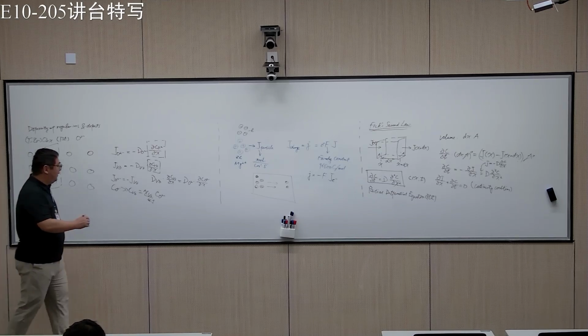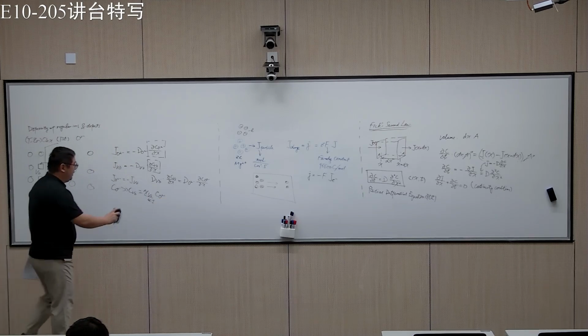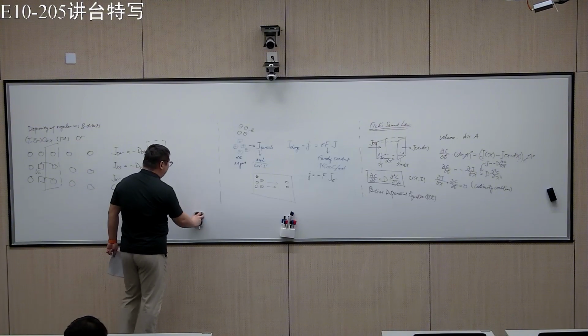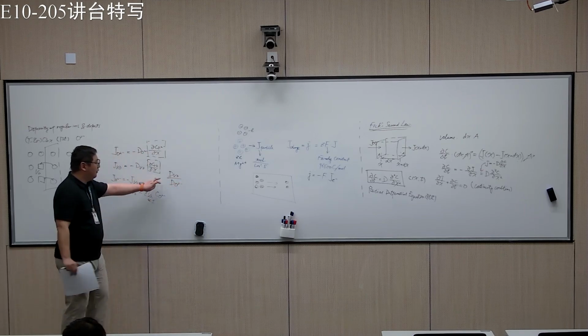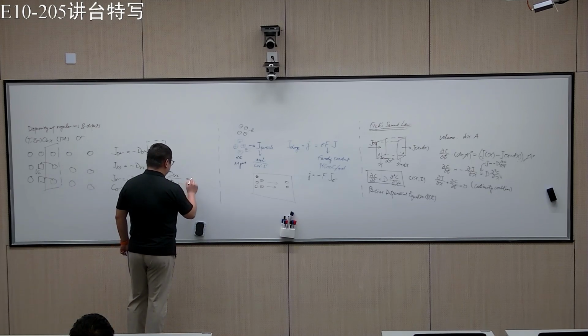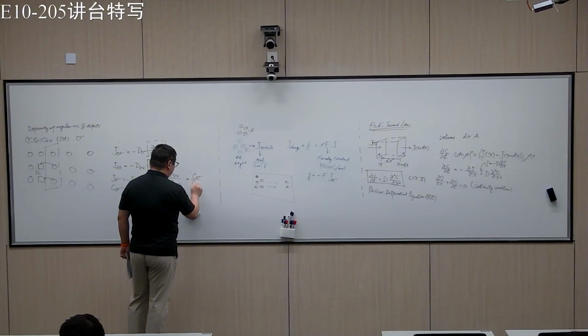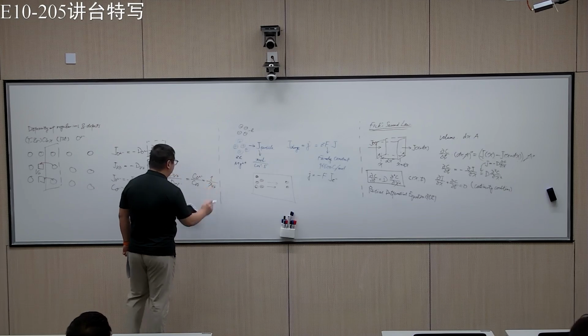If I plug this into this equation, ignoring the sign, what I actually get is the ratio of the diffusivity for the defects and for ions, where the concentration difference is 1 over x of oxygen vacancy.